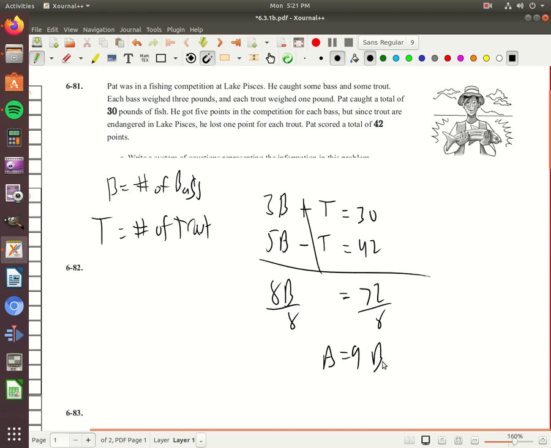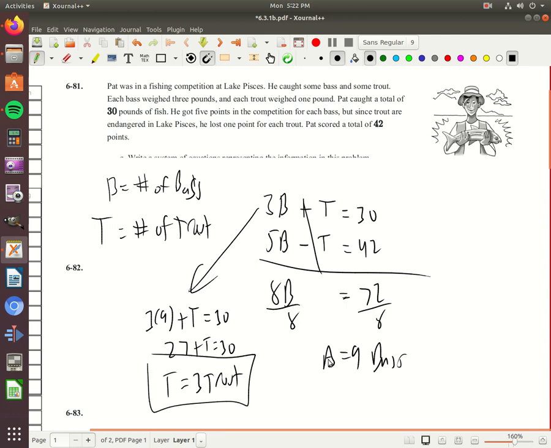So we got 9 bass. And again, then we're going to just check it in each equation to make sure that we're right. So 3 times 9 plus T equals 30. So 27 plus T equals 30. So T is 3 trout. That says 3 trout, and that says 9 bass, I promise. And then we'll go over here and we'll sub in both to make sure that it does work.